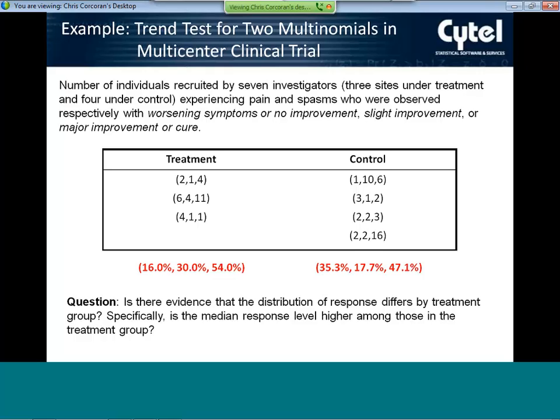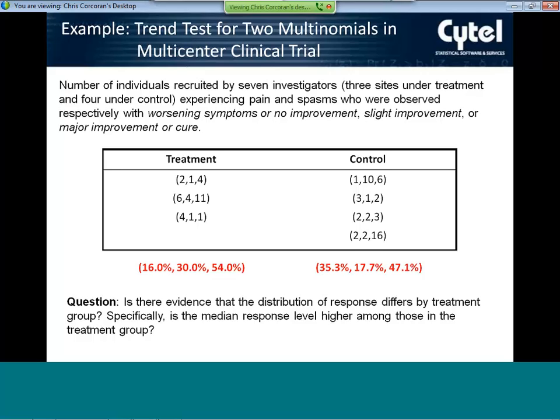So this is a multi-center clinical trial again for people who are experiencing spasms and pain, I believe. And the 3 classifications of outcome here were either the patient experienced worsening symptoms or no improvement, or slight improvement, or a major improvement or a cure. So it's a little more refined scale in terms of the outcome.